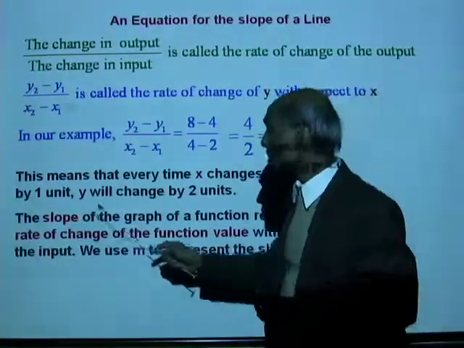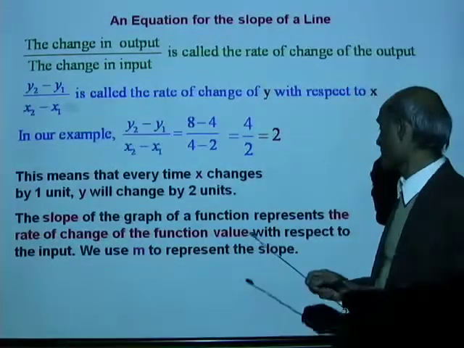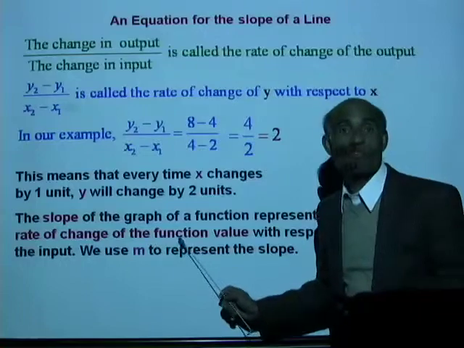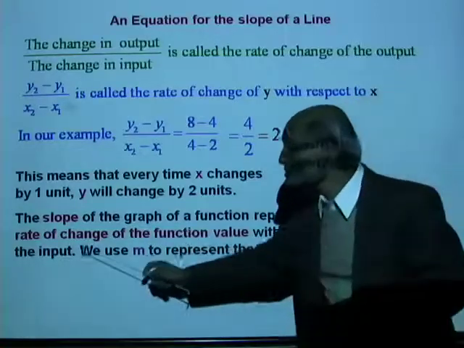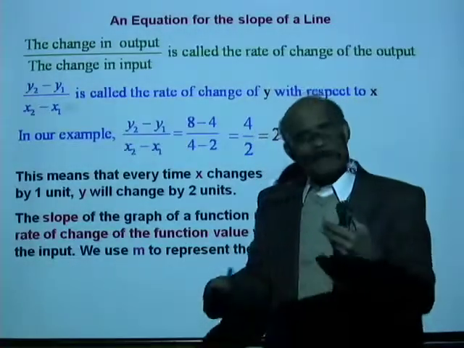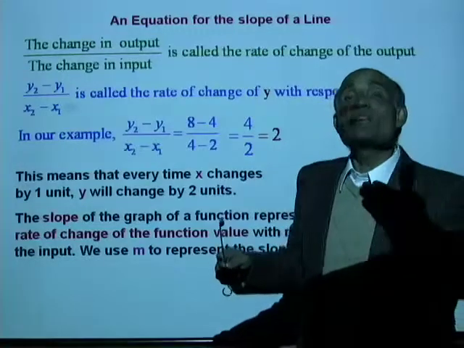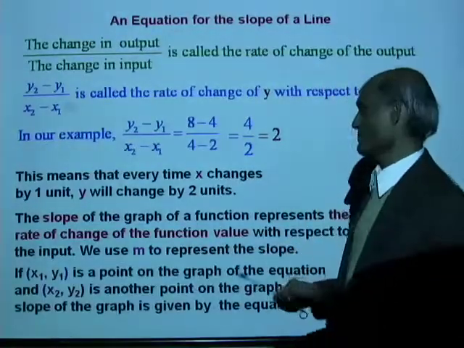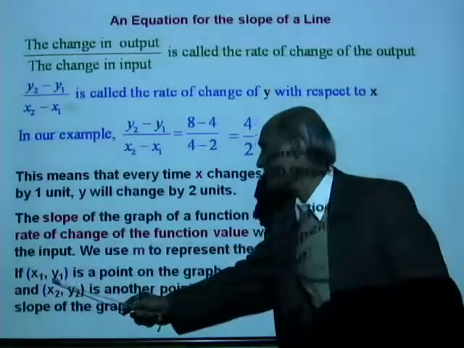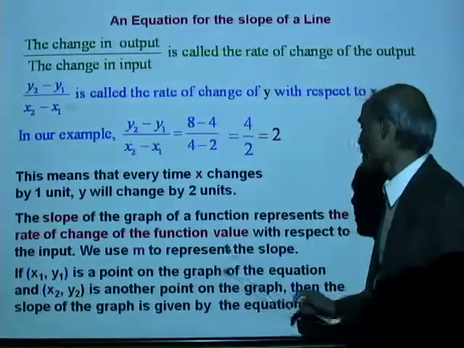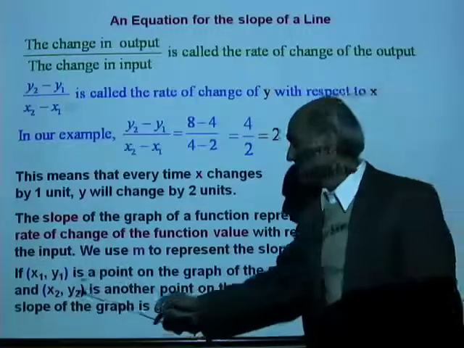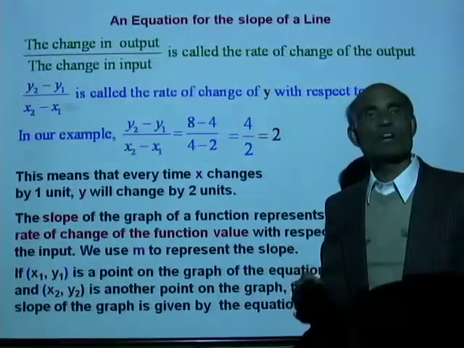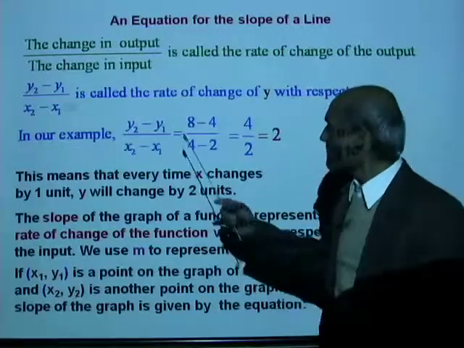All right. So the slope of the graph of a function represents the rate of change of the function value with respect to the input. What is the meaning of with respect to the input? When the input changes, how much does the output change? That's what it means. So if x1, y1 is a point on the graph of the equation, and x2, y2 is another point on the graph, then what is an equation for the slope?